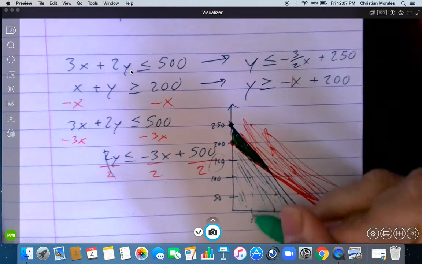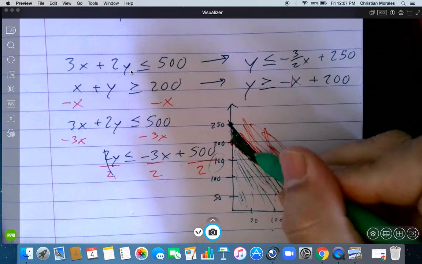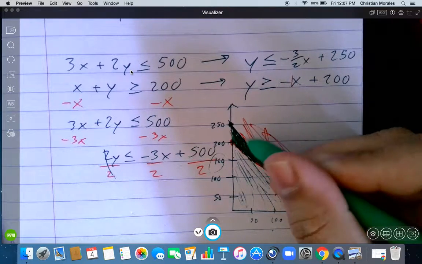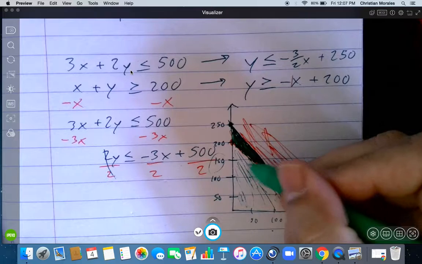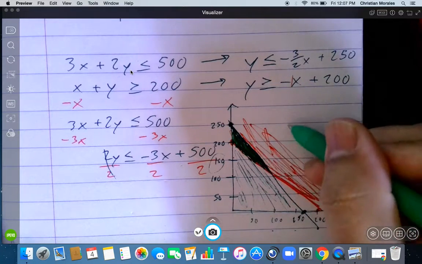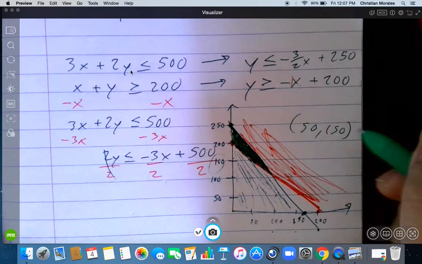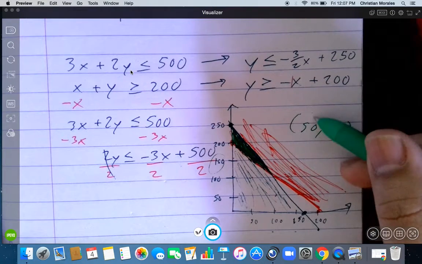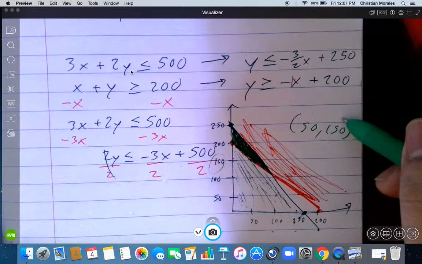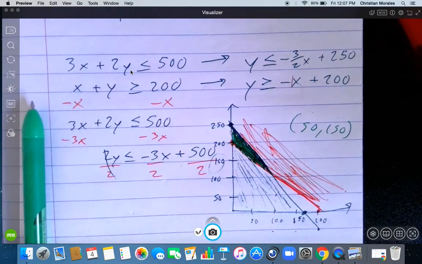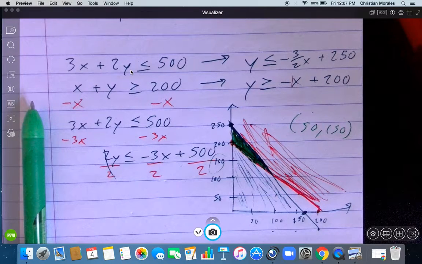Any point in here is good, but if we're trying to keep it balanced, I don't want to go all the way to 250. 150 to 50 might be good. So that means that my coordinate would be 50 and 150. And X would be the socks and Y would be the water bottles. So a lot more water bottles than socks. That's how I would do it. That's how I would graph this.